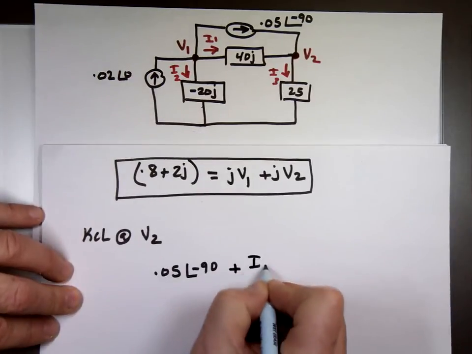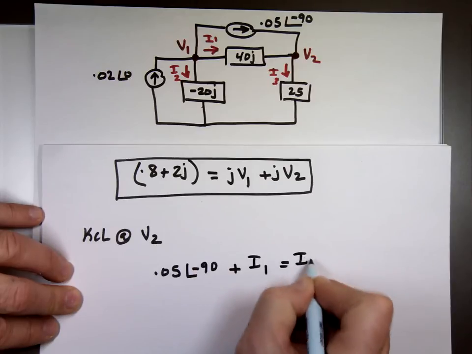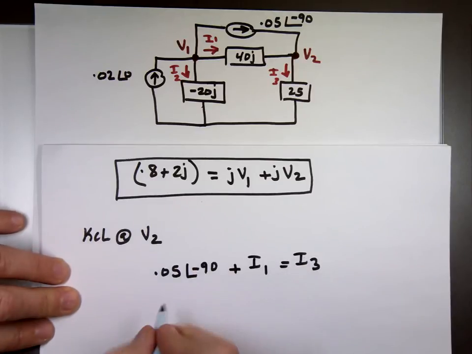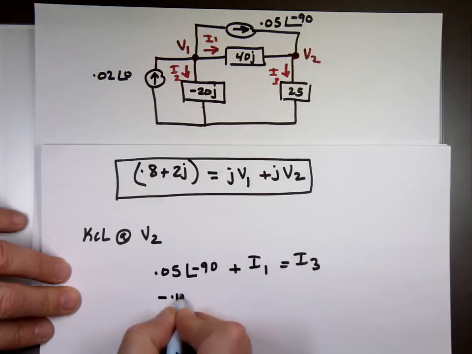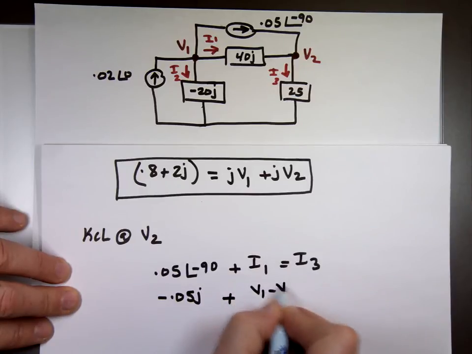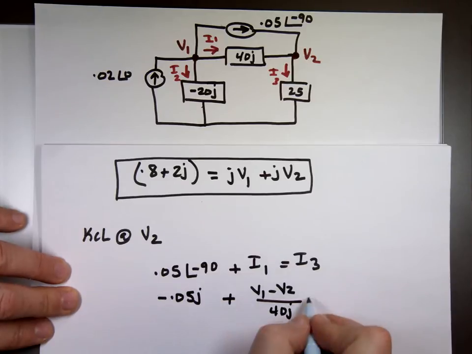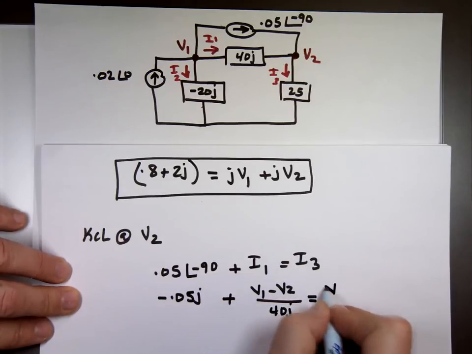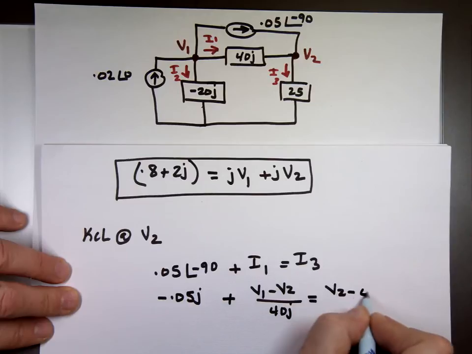I sub 1, what's leaving? I sub 3. This is negative 0.05j. Negative 90 is negative j. Plus I sub 1, which is V1 minus V2 over 40j, equals I sub 3, which is V2 minus nothing over 25.